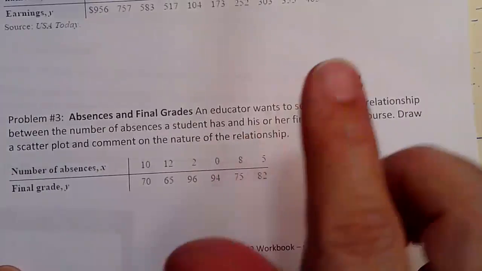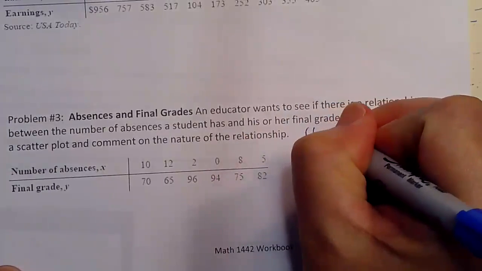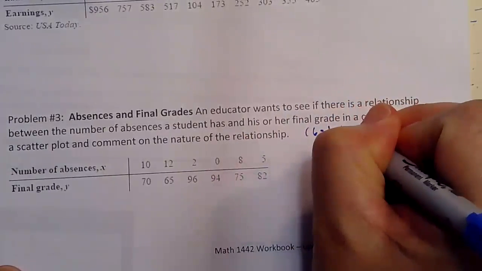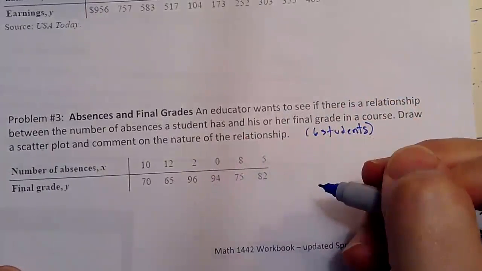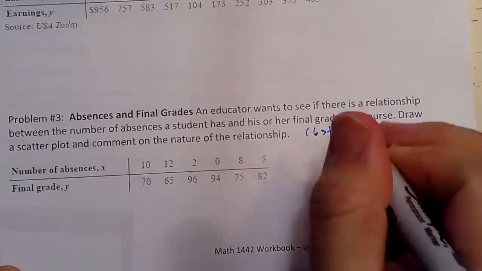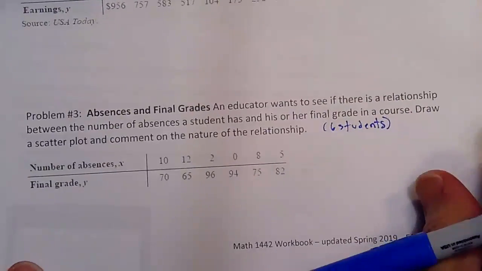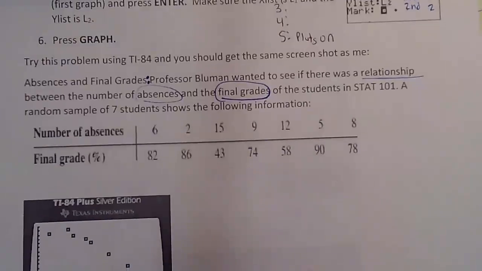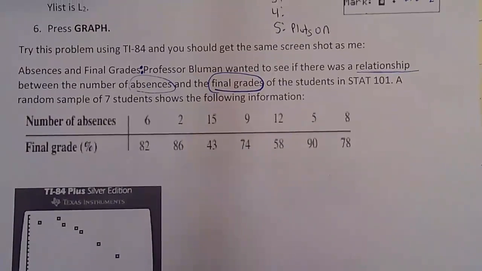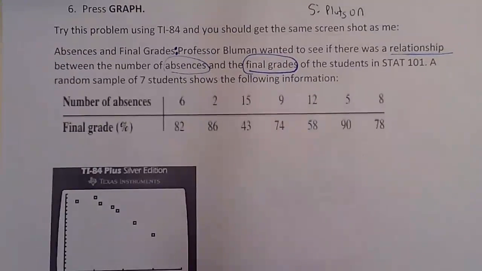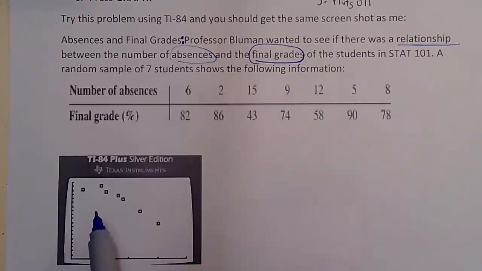So they would have randomly picked 6 students to look at their absences and then look at their grades. Okay, so this is very similar. But I'm going to go ahead and do this one here for you. And you can already see from the picture that this is going to be a negative linear relationship.